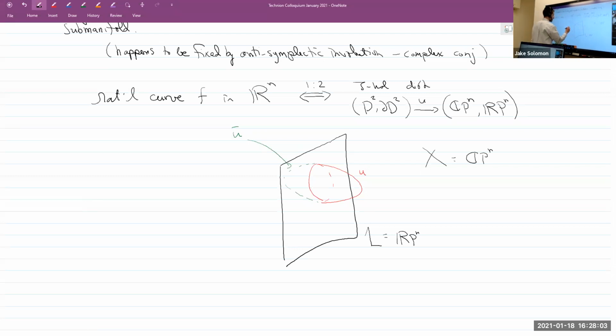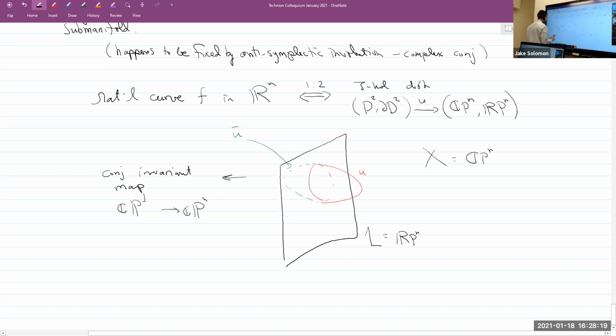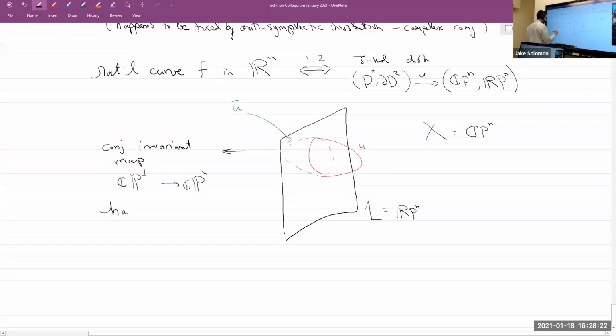So you glue U and U bar to a conjugation-invariant map from P1 to Pn that has to be polynomial by GAGA.